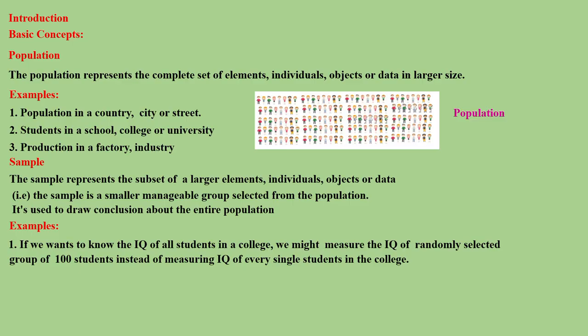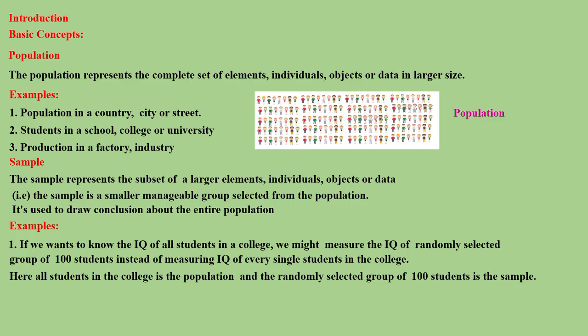Instead, take a sample from various levels, 100 or 200 students, then check their IQs. From that you can conclude the level of IQ of the students of this college. Here all students in the college, that institute, are the population, and the randomly selected group of 100 students is the sample.